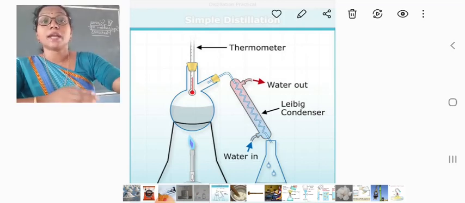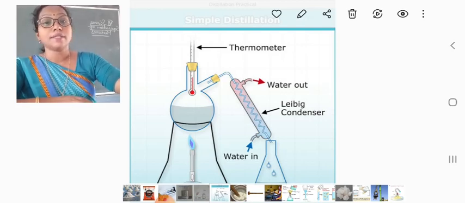and this tube is connected to a condenser where cool water is flowing. A current of cool water is there, and that is known as the condenser. When the water vapor passes through the condenser, it undergoes the process of condensation.